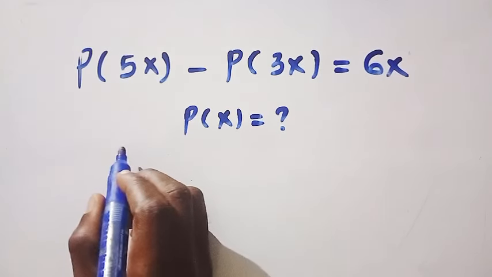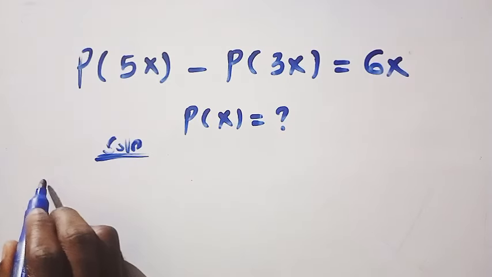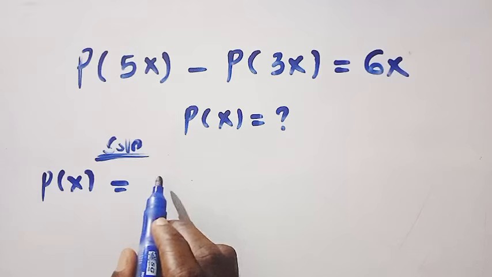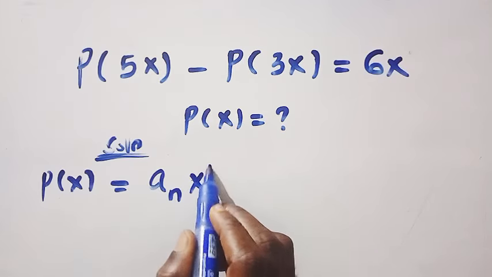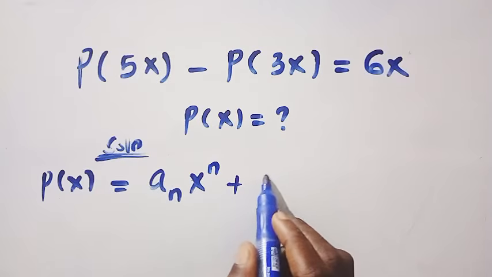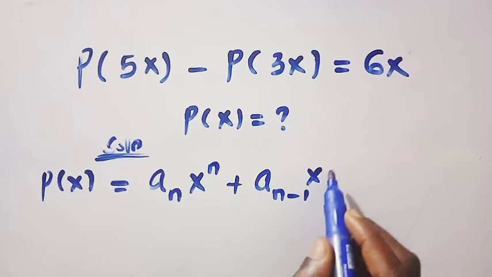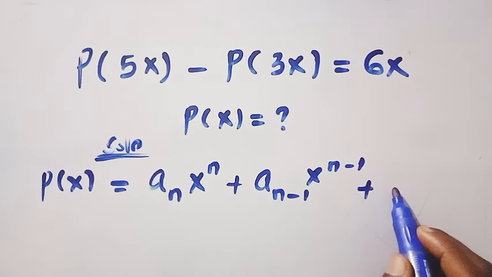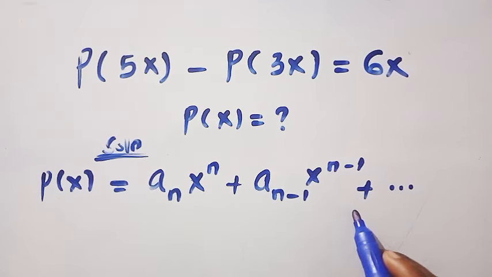So instead of solving it that way, let's consider the solution. Let's assume p of x equals a_n x raised to power n plus a_(n-1) x raised to power n minus 1, plus a_(n-2) x raised to power n minus 2, and it continues like that.